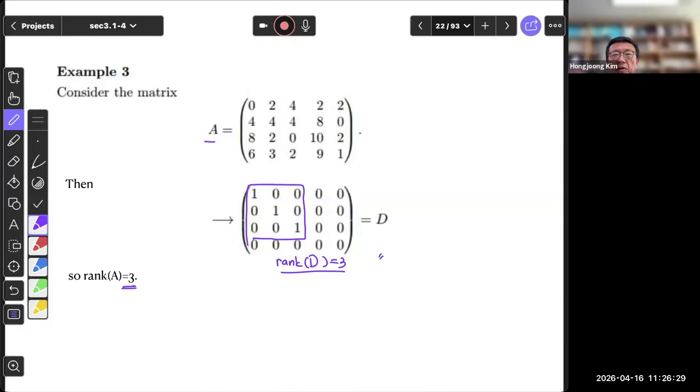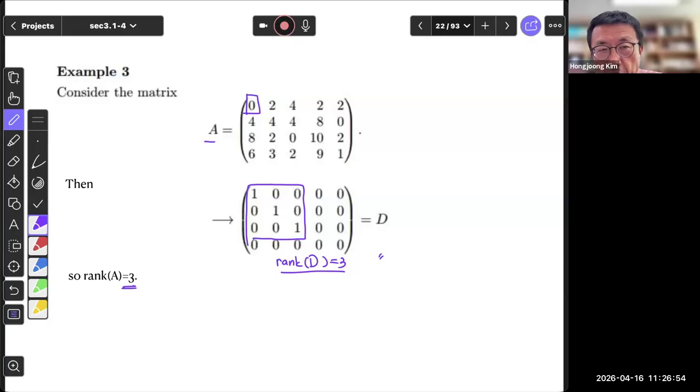Then, going back to my original question, how can I derive D from the A matrix? We first start with the first row, first column entry. If you have a non-zero value, then that is fine.